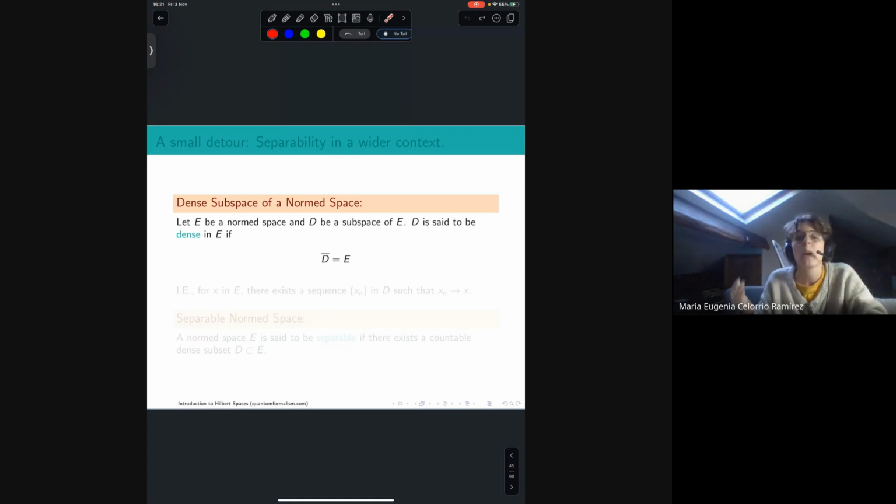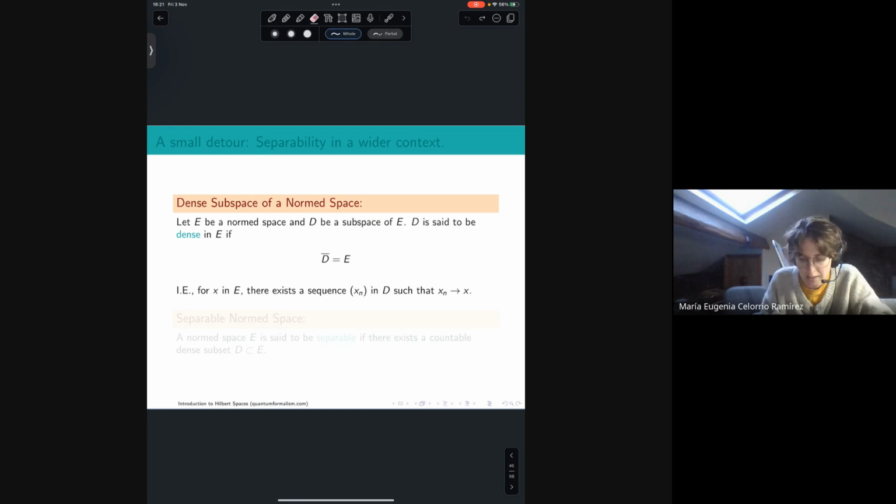And that's exactly what it means in mathematics, but we define it formally. How do we define it formally? That the closure of D is the whole set E. That means that for any x in E, we can find a sequence of elements of D such that the sequence converges to x.